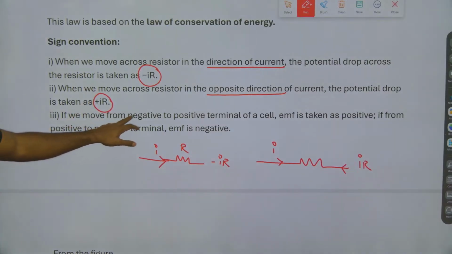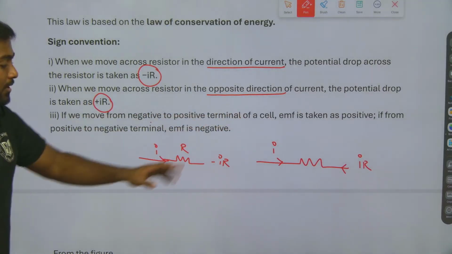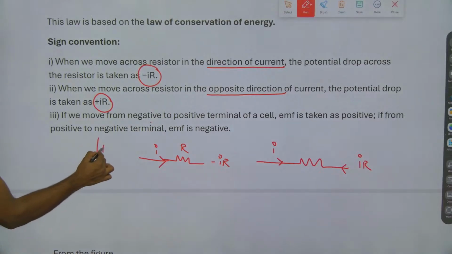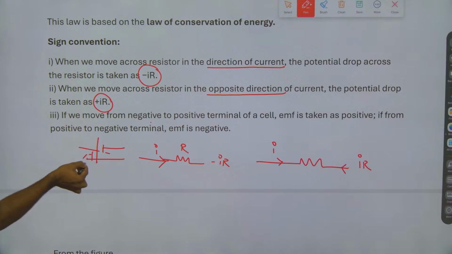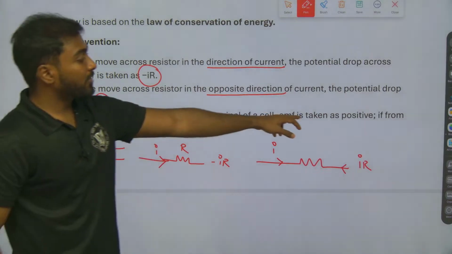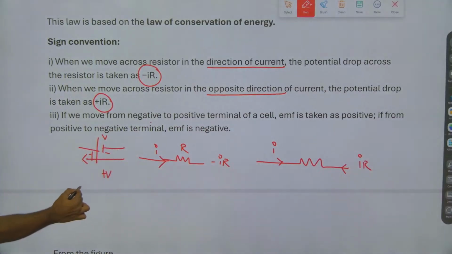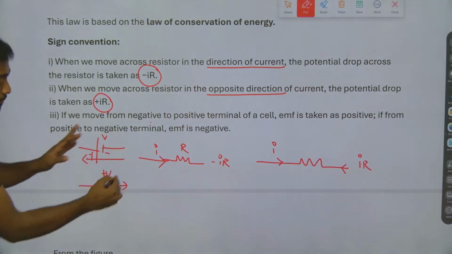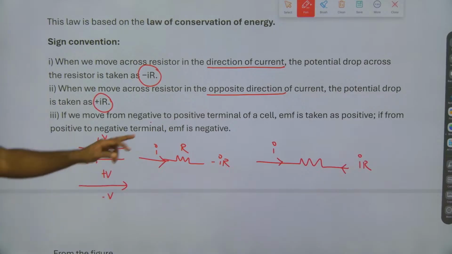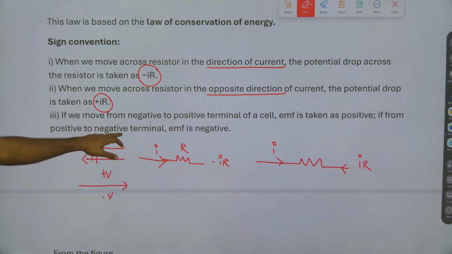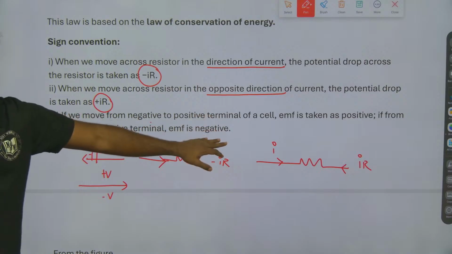If we move from negative to positive terminal of cell, so negative to positive in the sense this is negative and this is positive, no? Negative to positive terminal, EMF is taken as positive, like V will be taken as positive. When we are going in this direction, positive to negative, it is minus V. So from positive to negative terminal, EMF is negative, okay.